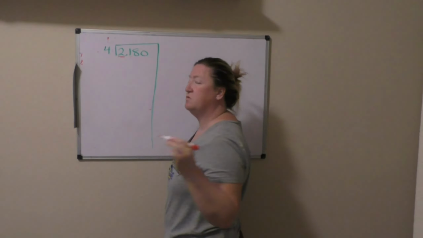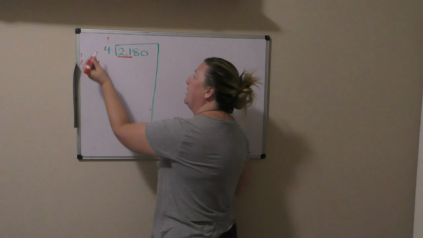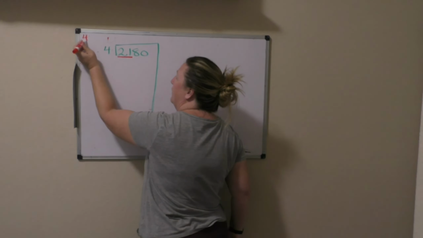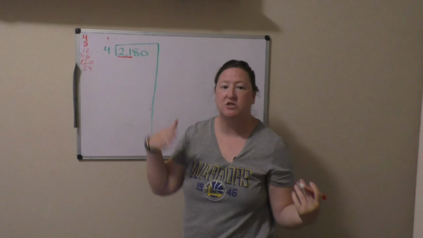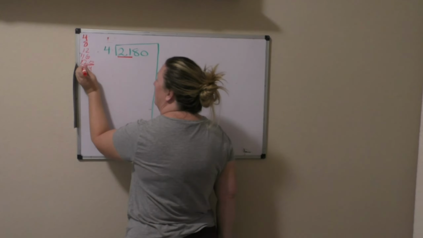But I do know that 4 can go into 21. If I count by 4, I go 4, 8, 12, 16, 20, 24. Well, 24 is too big. So I'm stopping at 24.